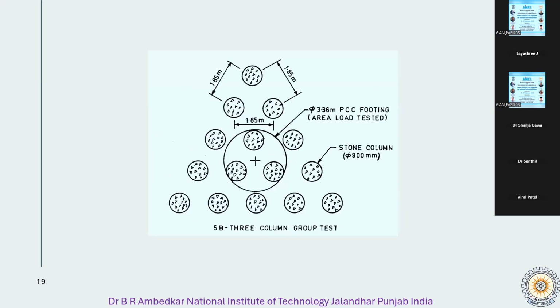Again, here in this figure, you can see that if we have to test 3 columns in a group for the group test, then minimum 3 columns should be tested and minimum 12 columns should be arranged like this. Then we perform the test to check their load and settlement behavior.